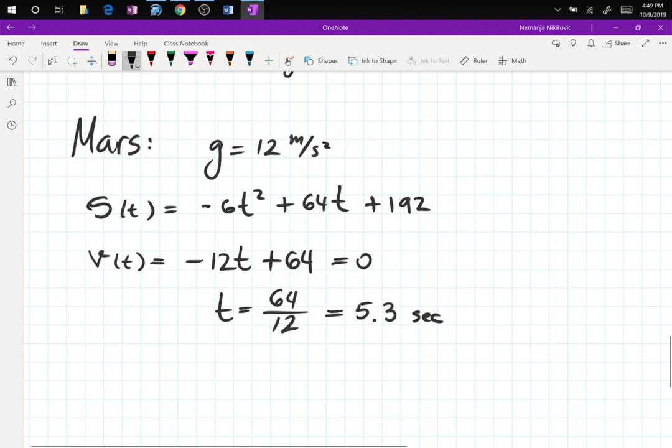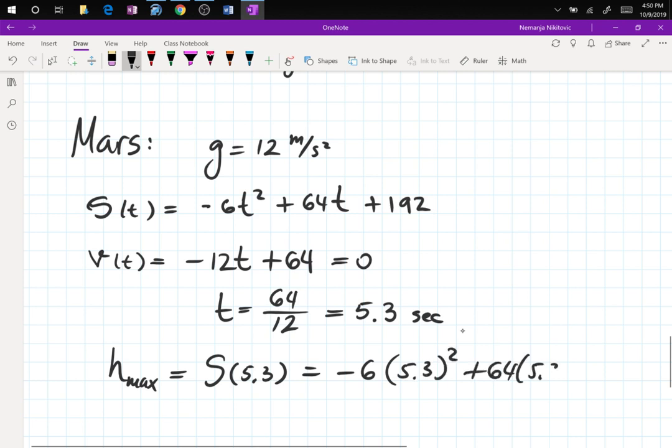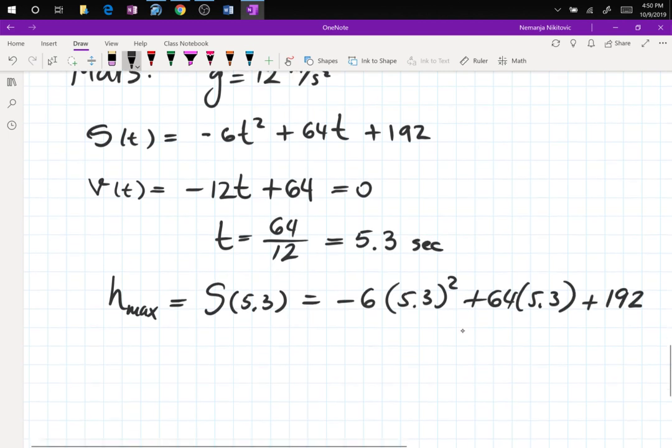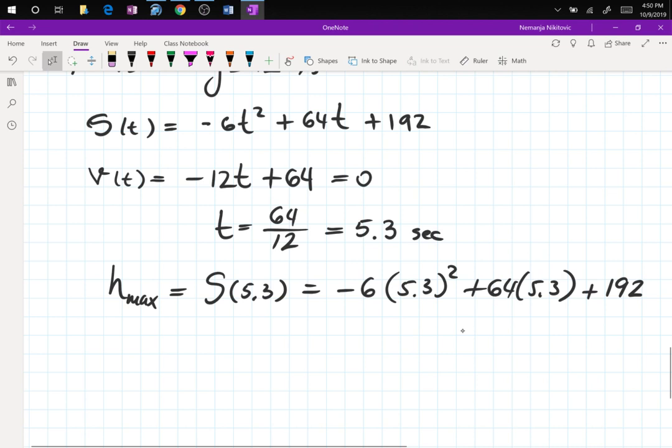So now we are going to calculate, so for max, well, let's just call it h max. So height max is going to be S calculated at 5.3, which is negative 6 times 5.3 squared plus 64 times 5.3 plus 192. Now you take the abacus, you punch all of these numbers in, and you're done.